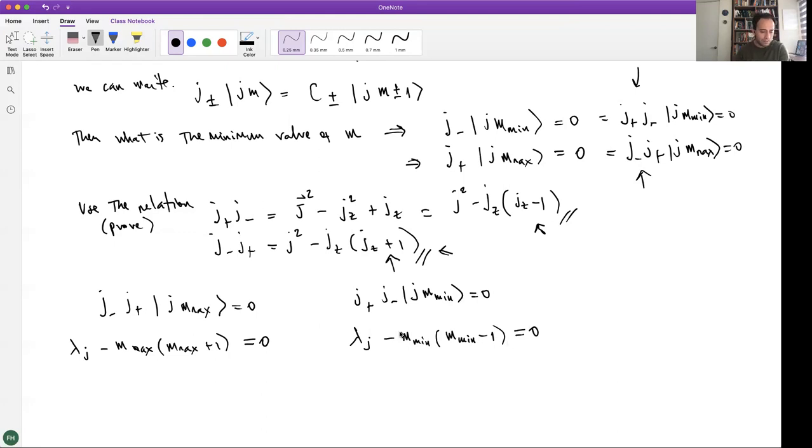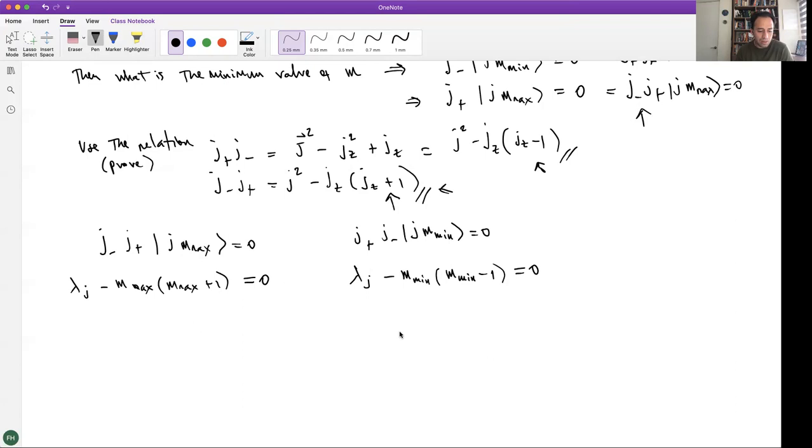Now you can eliminate lambda J, equate these two relations, and arrive at this. Okay, you can rewrite this in the following form.